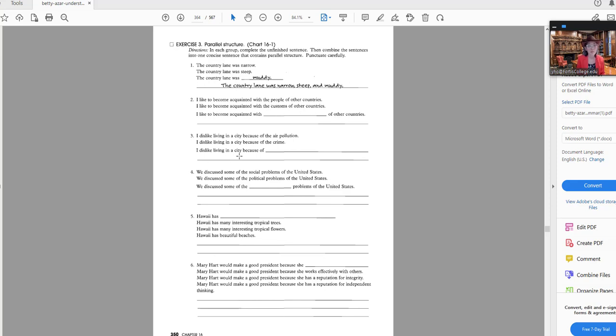I dislike living in the city because of the air pollution and of the crime. There you have parallel structure, noun and noun. We discussed some of the social problems, some of the social and political problems of the United States.